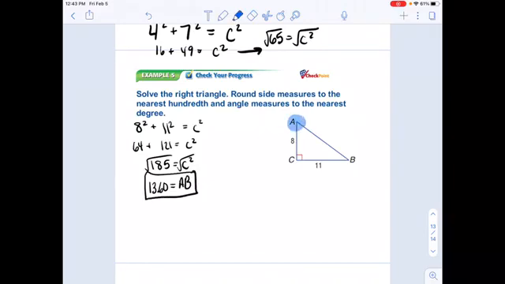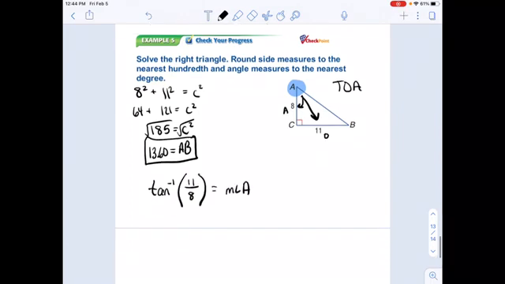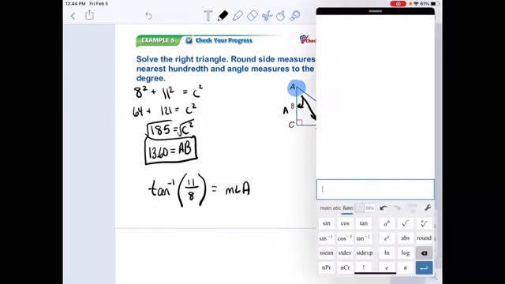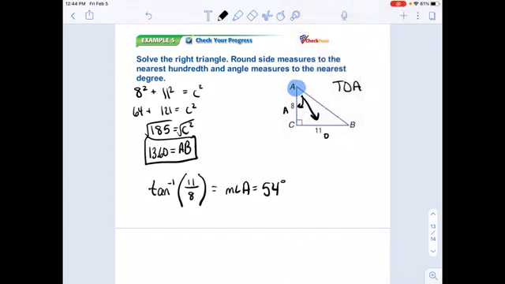And then once again, I have to find my angles, so I am standing with perspective to angle A. That means I have opposite, I have adjacent sides. I'm going to use my tangent function then. So I have inverse tangent, I should say, of opposite over adjacent will equal the measure of angle A. So the measure of angle A is equal to 54 when you round up. So 54 degrees.